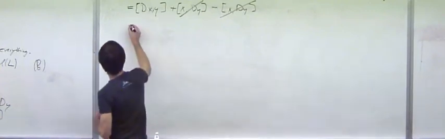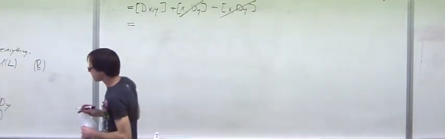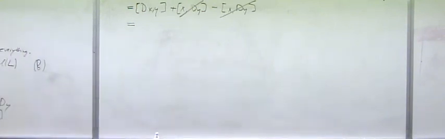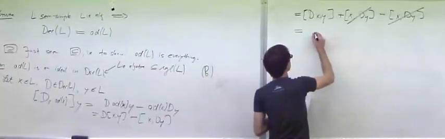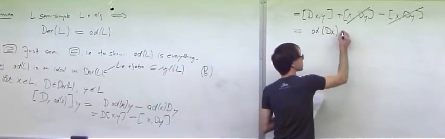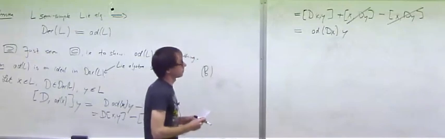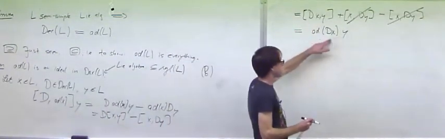So I'm left with [Dx, y]. So this is just a fancy notation for ad Dx applied to y. Well, this is the fancy notation for this bracket.